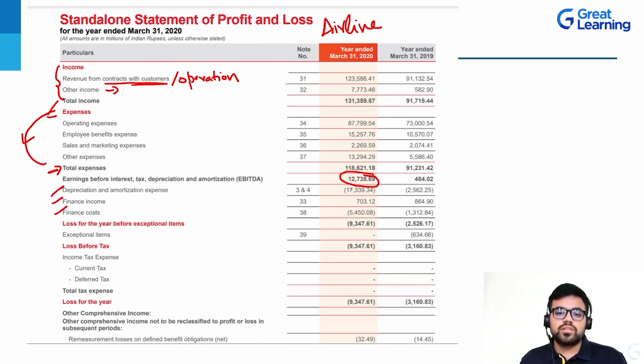Now in this case, if you actually calculate the total here, earnings are positive since the revenue is greater than the expense, but the taxes are pretty high.